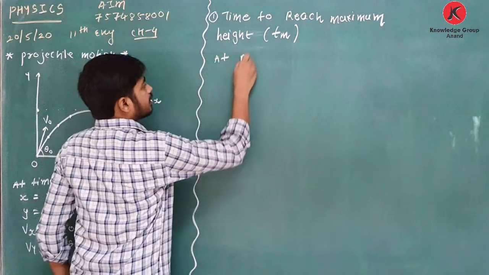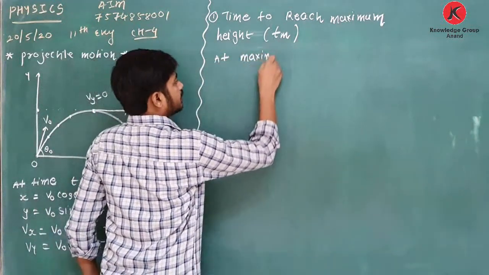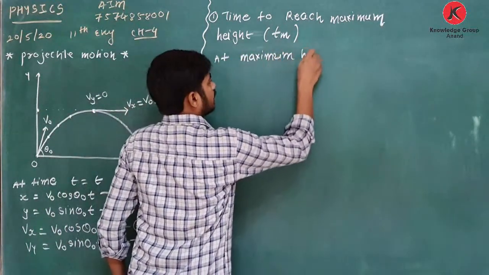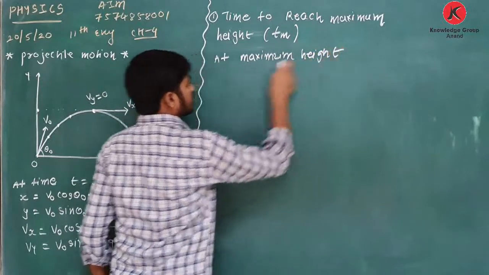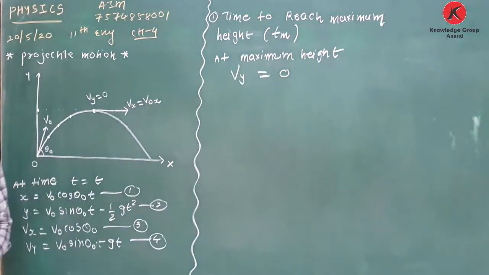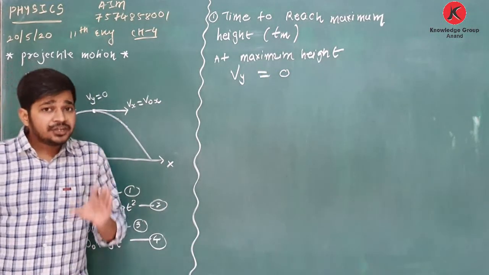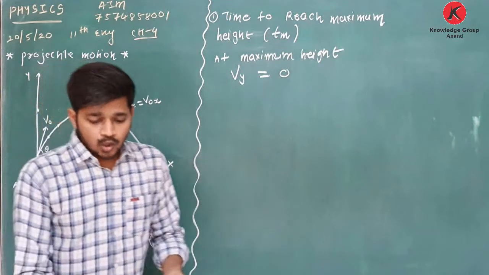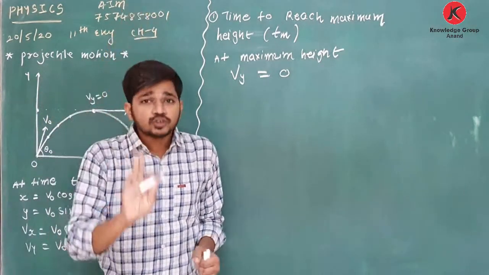At maximum height, Vy is equal to 0. Clear about this? It is different from vertically upward motion.